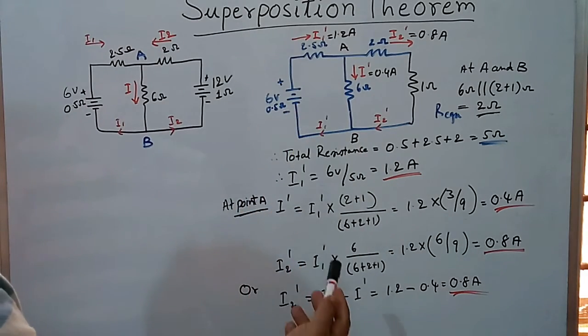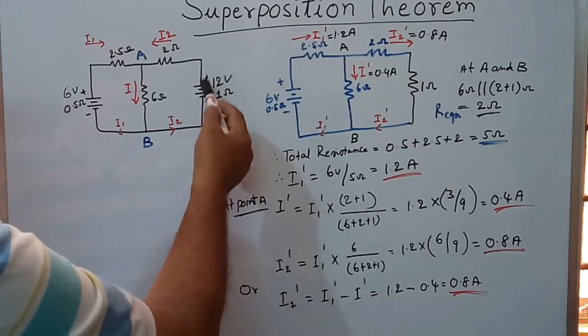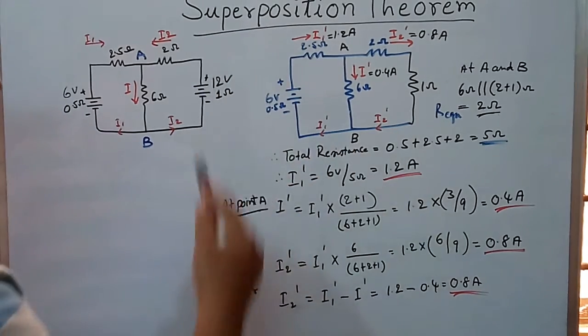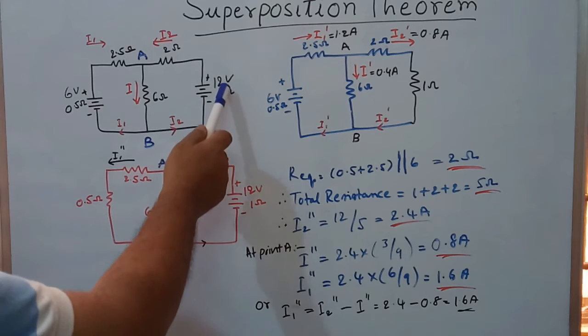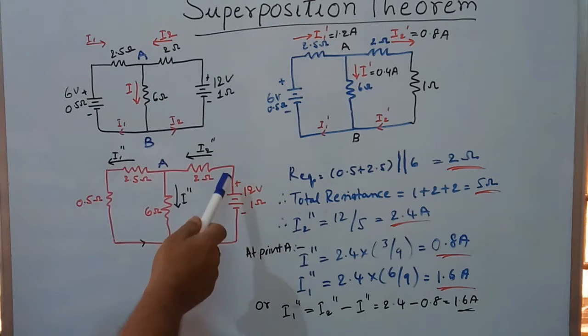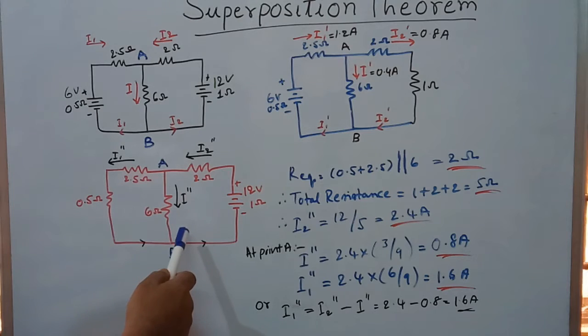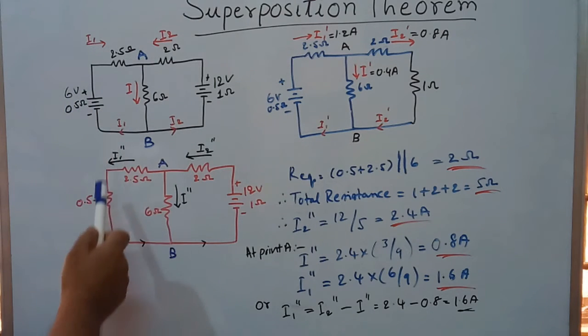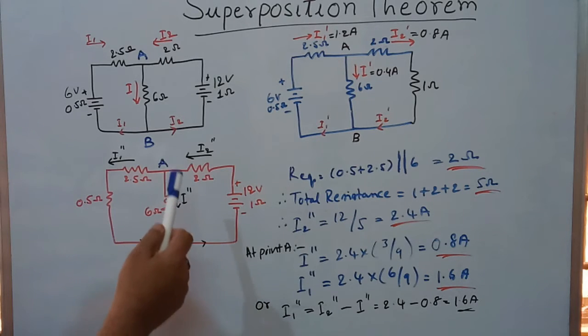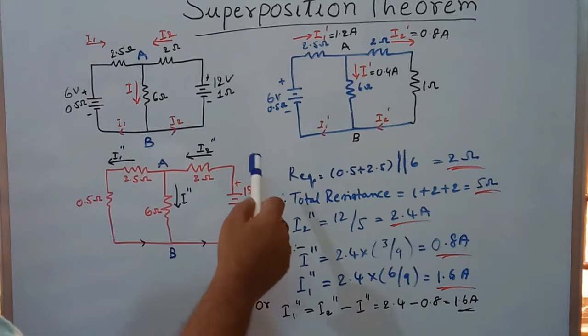Also now we will look at when the 12 volt battery acts on this network. Considering only the 12 volt battery acting on this network, and the internal resistance of this 6 volt EMF replaced as 0.5 ohms, we will calculate the currents flowing in this network.